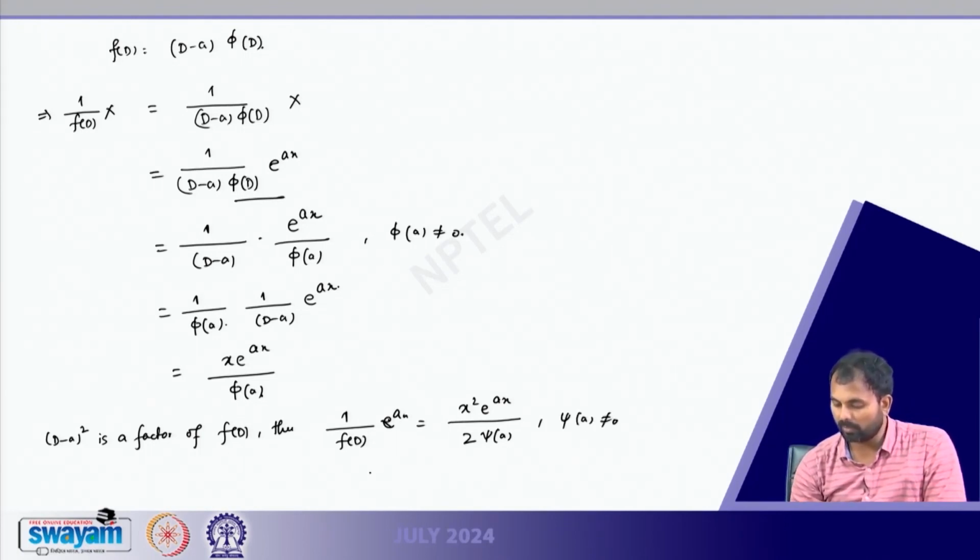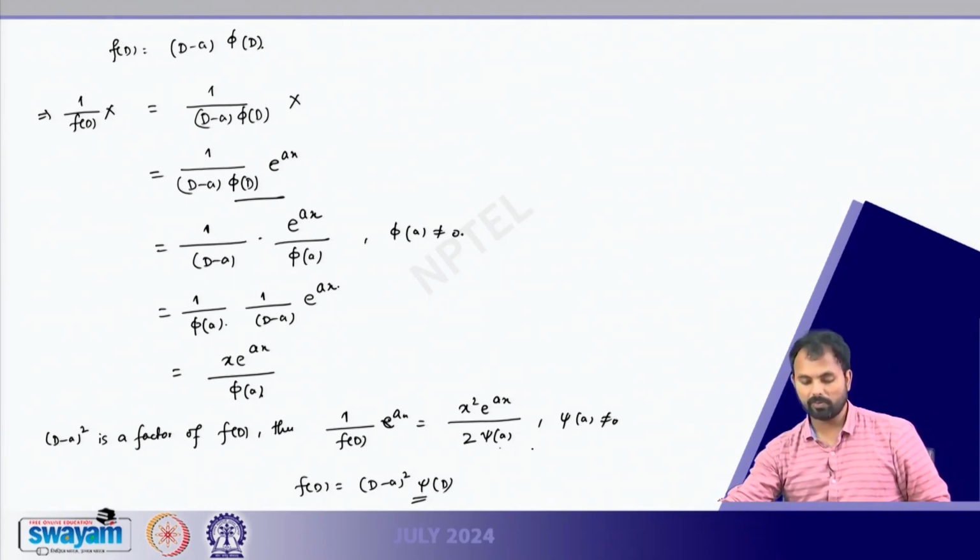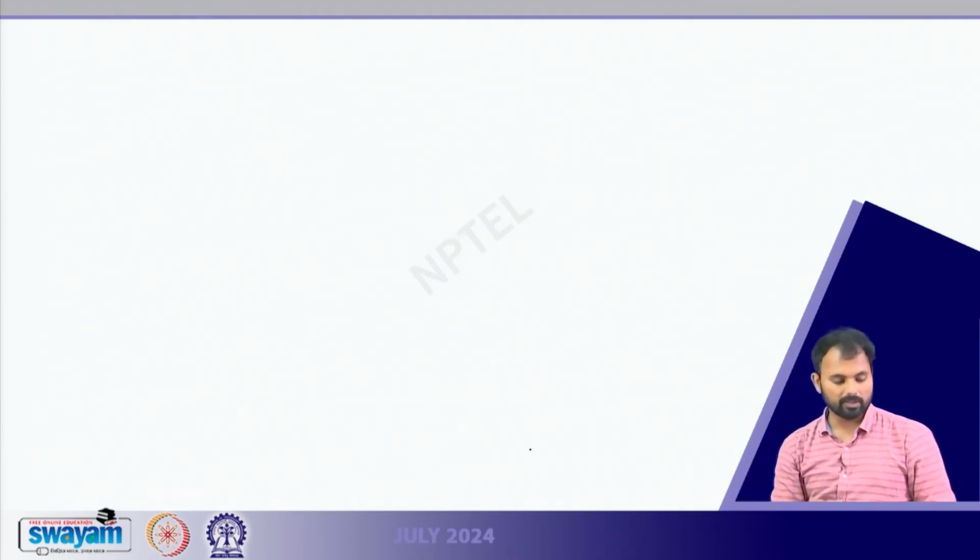Psi is obtained when you write f(D) equals (D minus a) whole square into psi(D). So, for exponential we find the particular integral in this fashion.